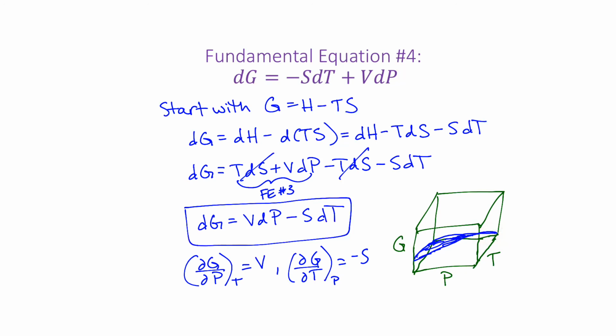Okay, so again, hopefully you now have a pretty good sense of how these fundamental equations are derived, starting with some of our original equations, and then also how to translate these differential equations of state that we have here into a three-dimensional state space. Okay, so again, just keep in mind that we have worked with a lot of these state spaces over the semester.